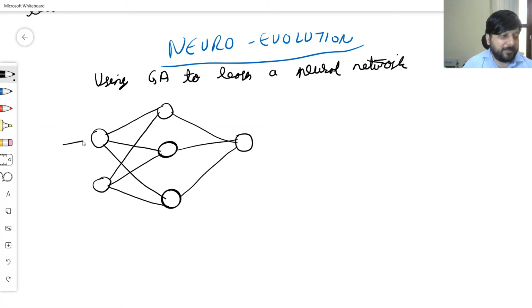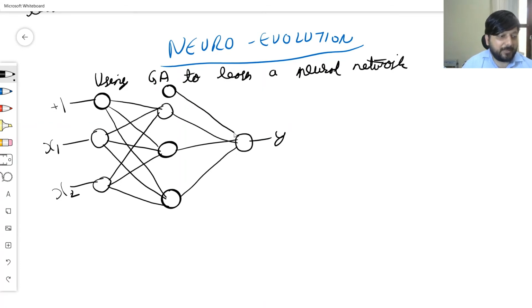So that's input 1, that's input 2, that's the output. And let me add the biases as well. So these are the biases, and this is the bias for the output neuron. So let's give the weights some values.